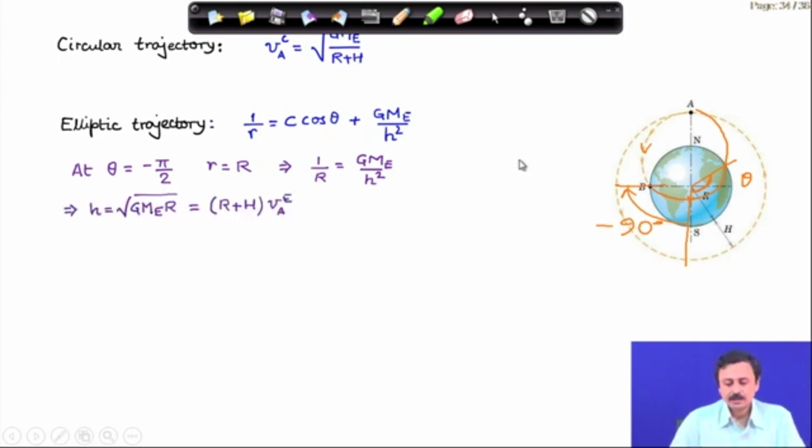From here I can get the value of h, the angular momentum per unit mass, which is a constant.